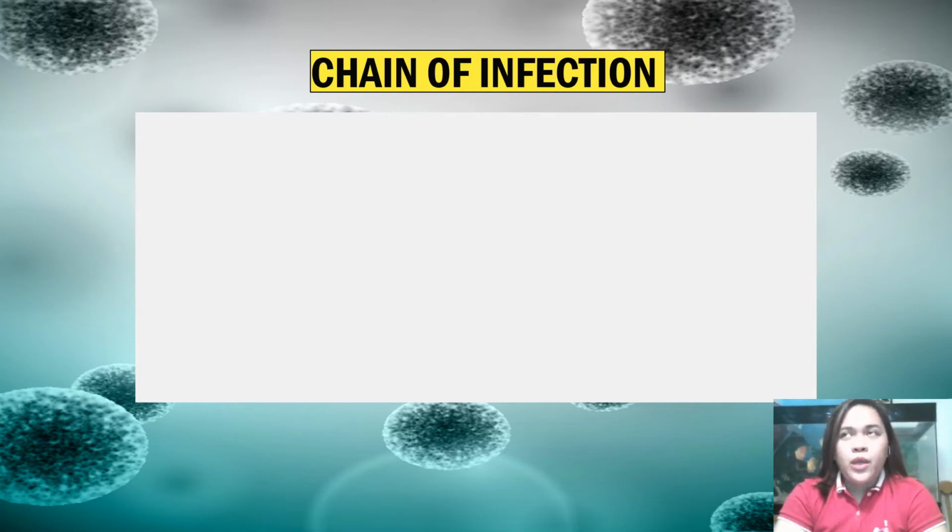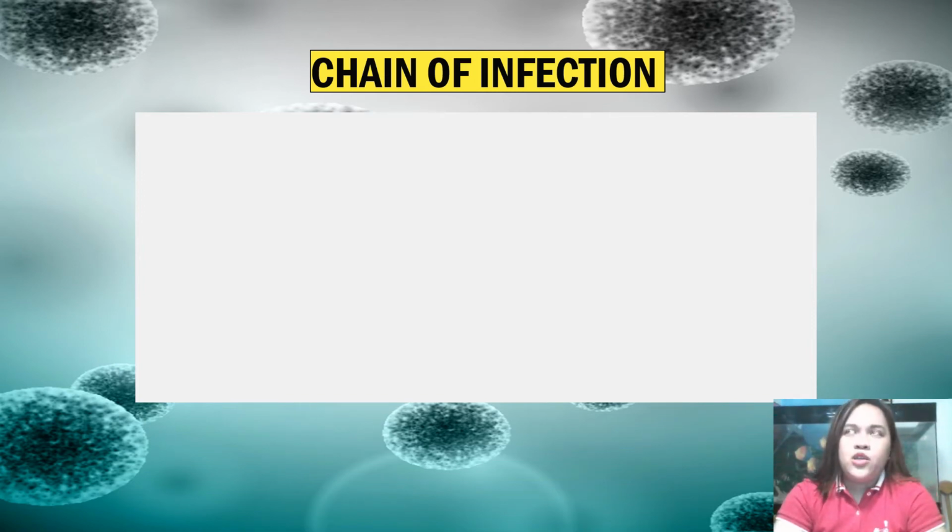So the normal microorganism that resides in your body is called normal flora. Okay, that's the term, normal flora. One example of that is E. coli. Escherichia coli, or E. coli, naturally resides in our colon or the intestines.